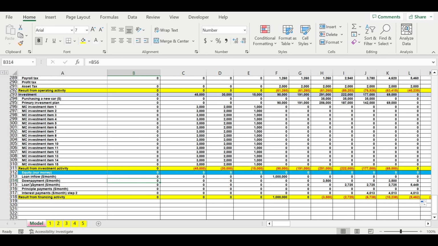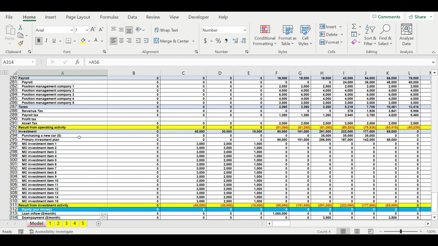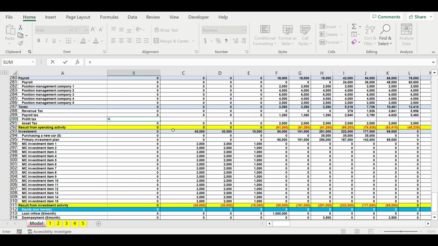Now let's start. So when we added all this stuff, we may start calculating profit tax. So we'll write the if formula.